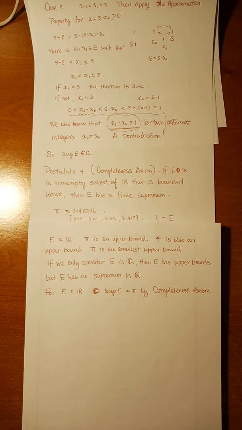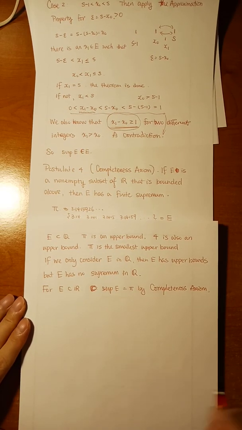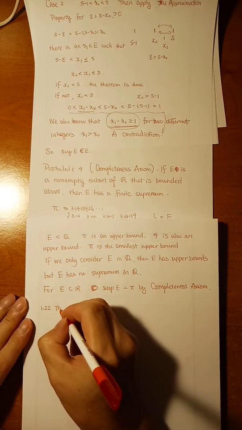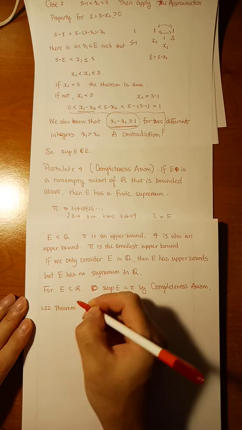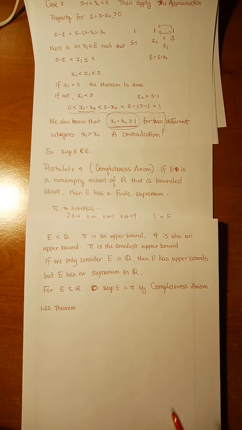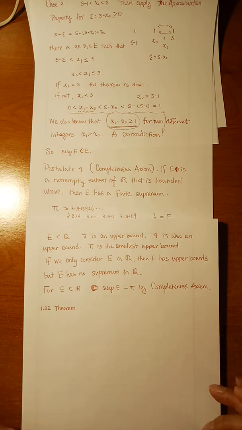Now let's see some applications. The statement is trivial, but you need to focus on the proof. How do we go step by step, solely from the framework we just built up, to get the result?